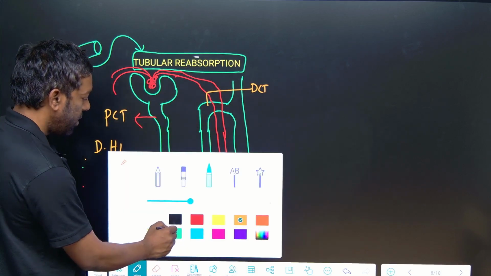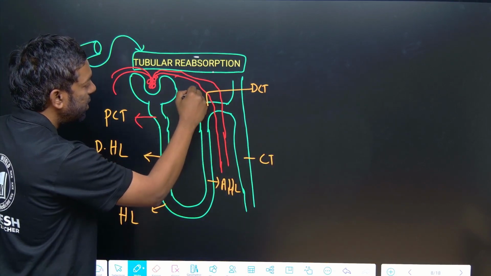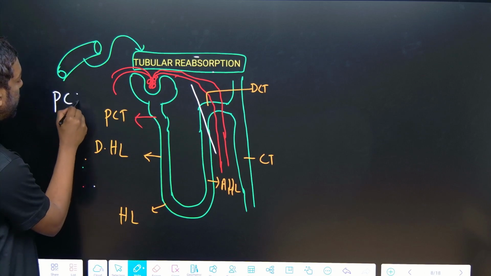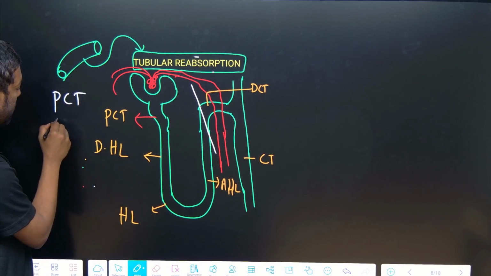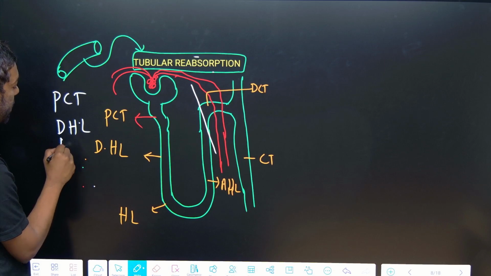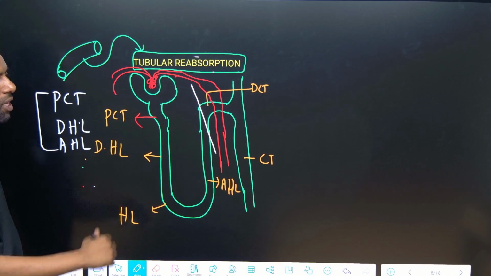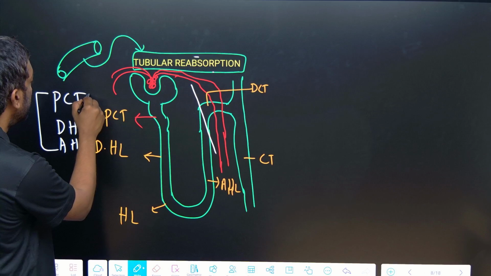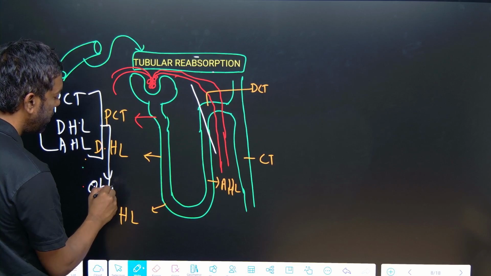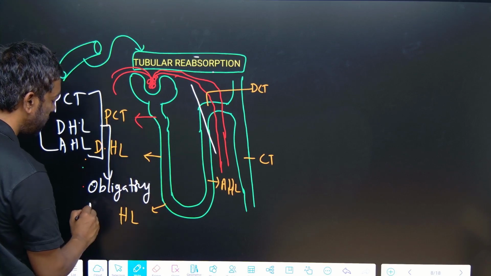Reabsorption takes place from this part up to here: the PCT, descending Henle loop, and ascending Henle loop. In these three parts, obligatory reabsorption takes place.